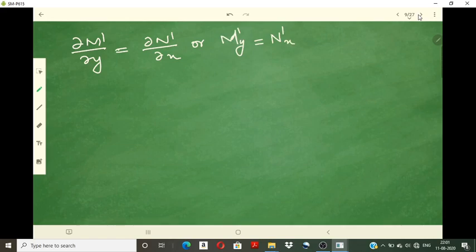Now M dash is mu M, so we have the partial derivative of mu M with respect to y equal to the partial derivative of mu N with respect to x.